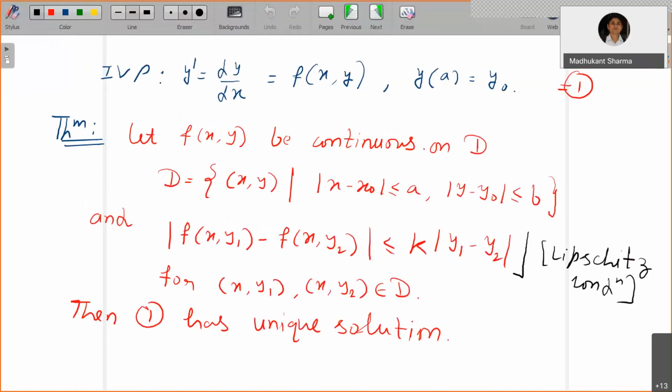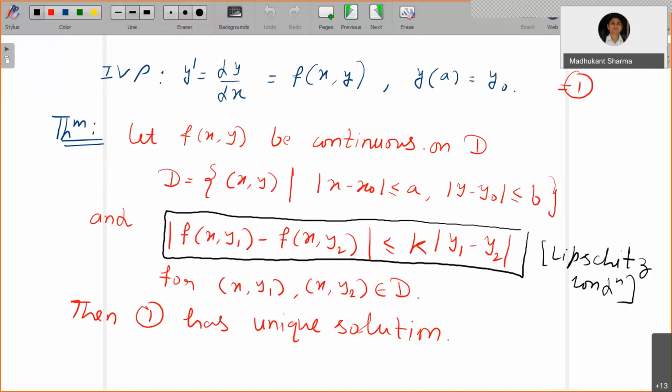Now look at this Lipschitz condition. This is a weaker assumption. Let's take y1 less than y2, so we can arrange the order such that y2 is y1 plus h.